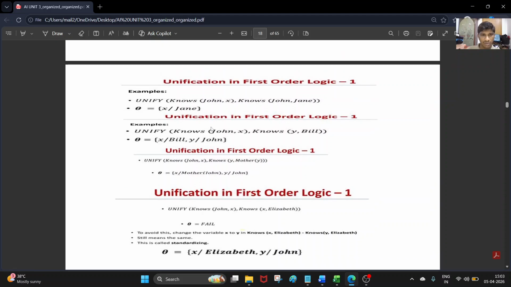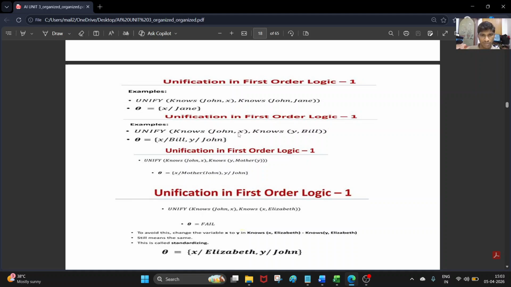Let us see another example. Unify Knows(John, X) and Knows(Y, Bill). What does the algorithm say? First, check the predicates of the two FOL statements: here Knows, and here also Knows. Then the arguments: John, X and Y, Bill. We have to replace X by Bill and Y by John.